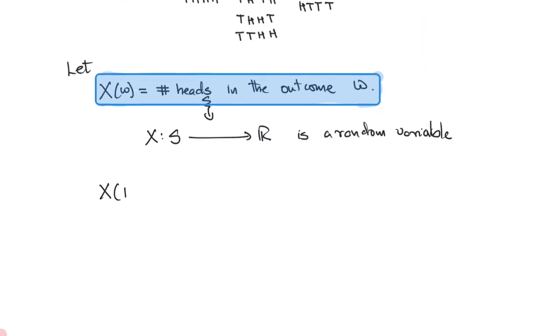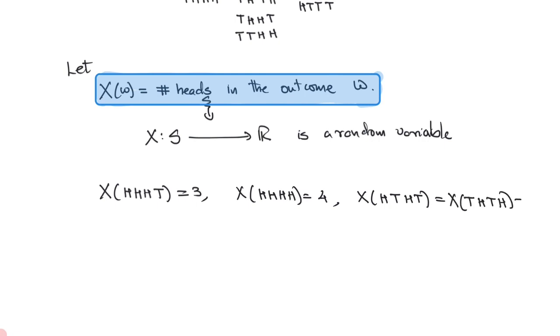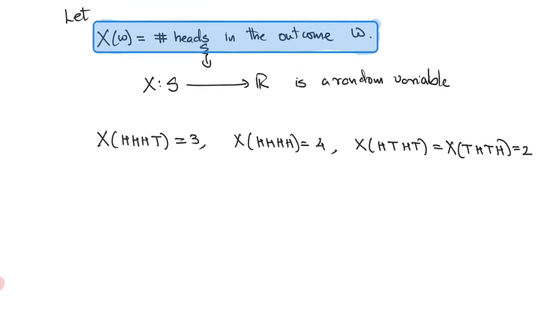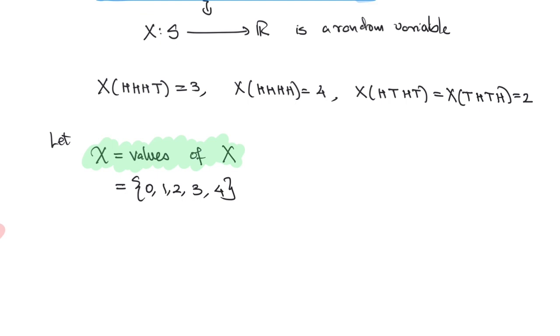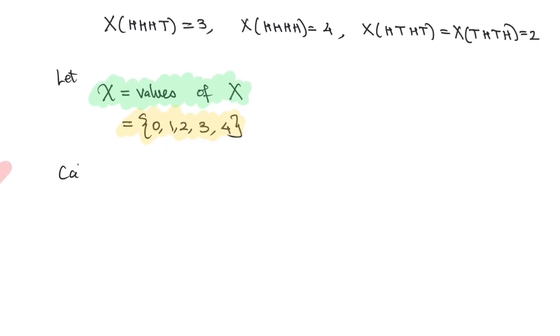For example, x evaluated on the outcome HHHT is going to result in 3, and x evaluated on HTHT will be the same as x evaluated on THTH, and it's going to equal 2. Now, if script x is the set of values for x, we note that script x is going to be 0, 1, 2, 3, and 4.